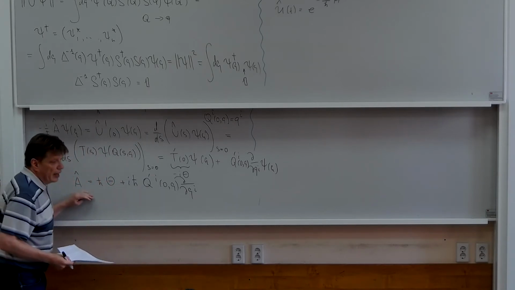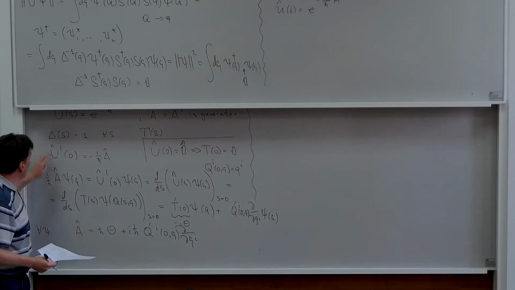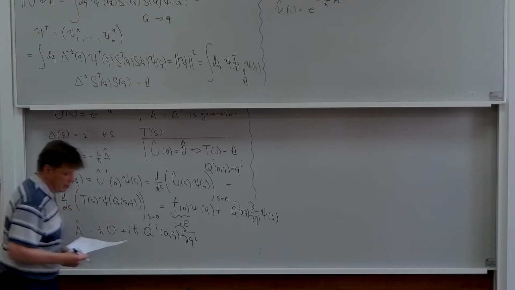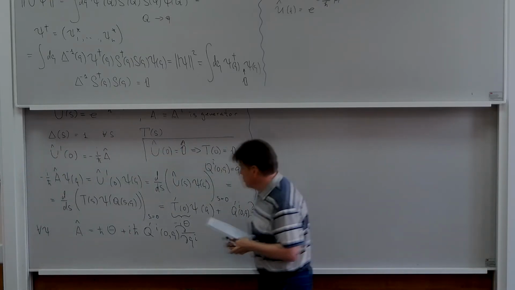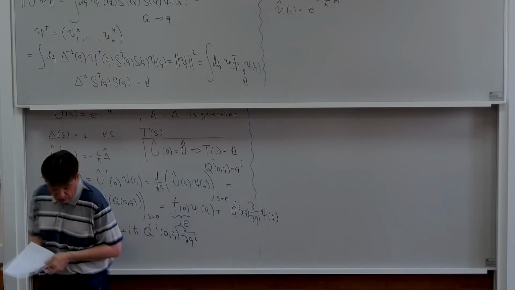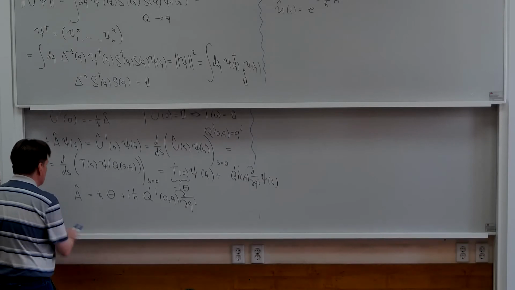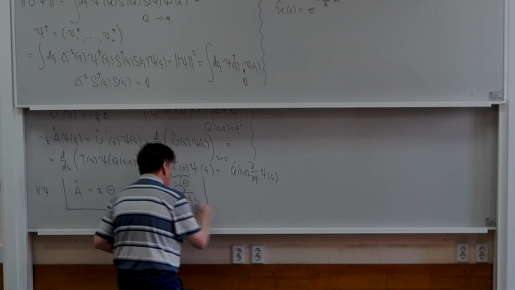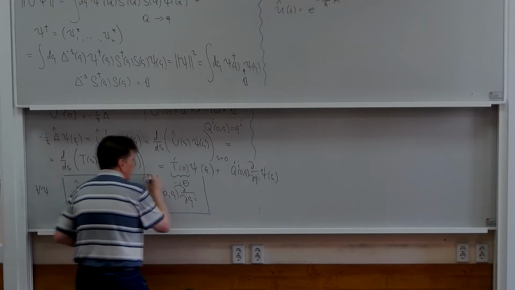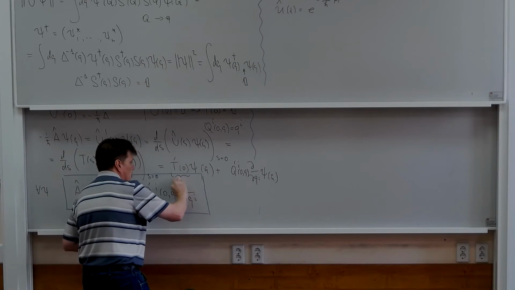This operator A, by definition, is a generator of our one parameter family of geometric symmetries, one parameter group of geometric symmetries. In the following, we will use this formula repeatedly, so let me frame it in blue.